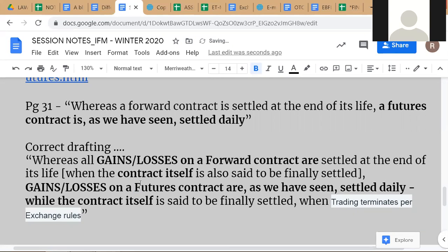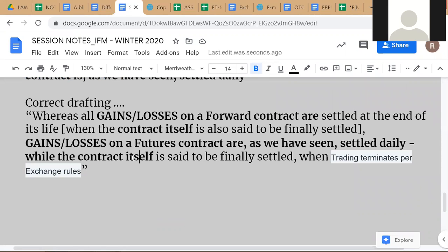The settlement of the gains and losses can differ; the manner in which it is done can differ based on how the counterparty credit risk is being managed. But the settlement of the contract itself is a different matter. It's a matter of contract law where you discharge your obligations under the contract. The final settlement happens when the trading terminates on that contract per the exchange rules.